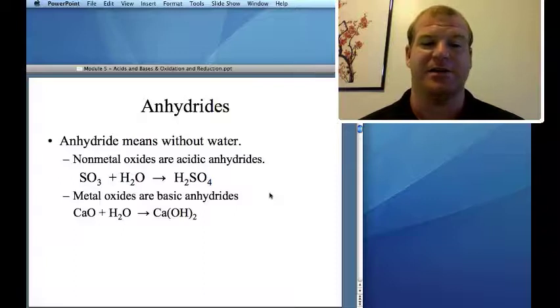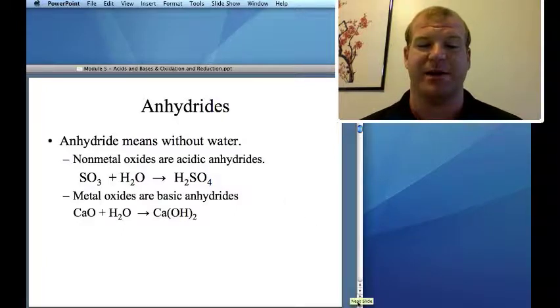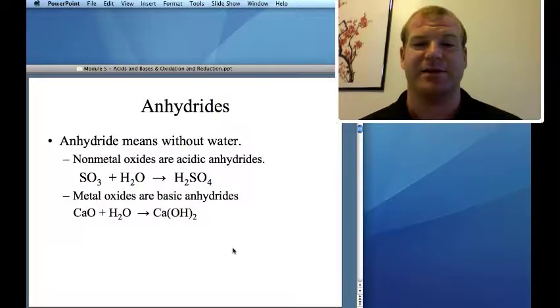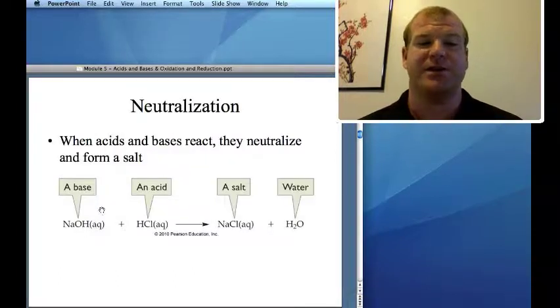And metal oxides are basic anhydrides, same idea. So I told you about this, lime plus water makes calcium hydroxide. And here's the neutralization reaction. Bases and acids combine to form salt and water. And now the salt has different chemical properties than the acid and the base.